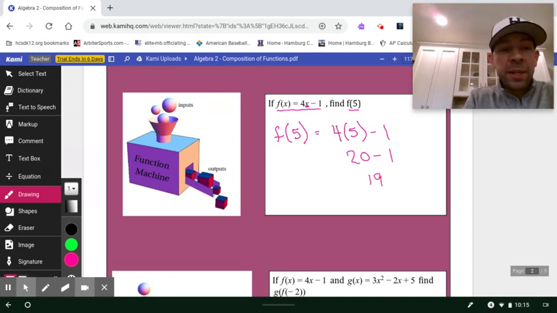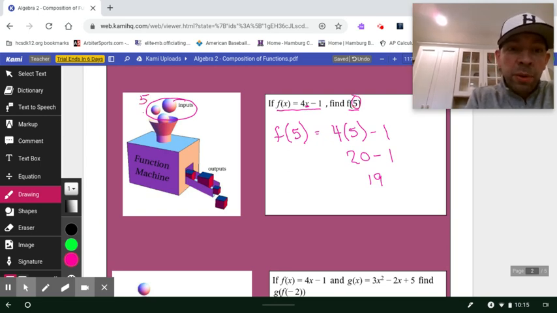What this picture does for us is it says, okay, what was the original input? In this case, the 5 was. We put it into some function machine. In this case, the machine was 4x minus 1. And as you do all the crunching, it spits out an output, which in this case was a 19.